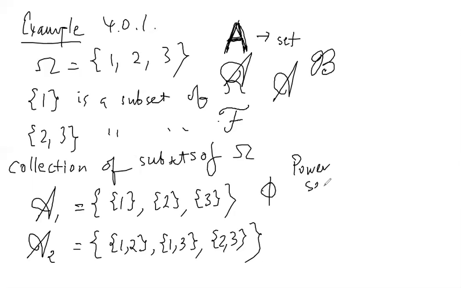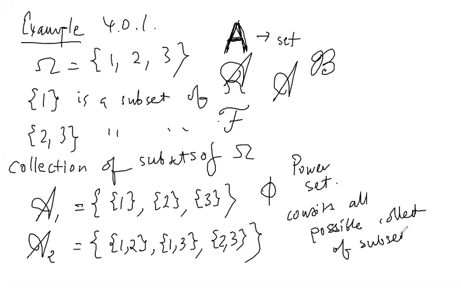The power set basically consists of all possible subsets. For example, in this case, the power set is given by what is inside the text there.